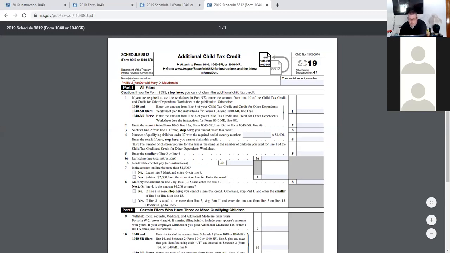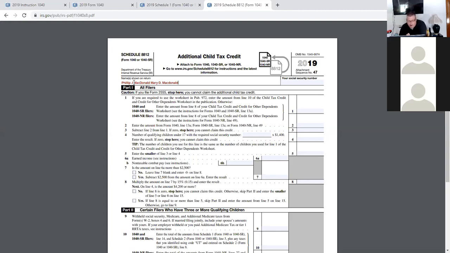All right, if you're required to use the worksheet in Publication 972, enter the amount from line 10 of the child tax credit and credit for other dependents worksheet in the publication. Otherwise, 1040. We've already figured out we don't need that Publication 972 for the child tax credit, because we were able to calculate that just on the worksheet.